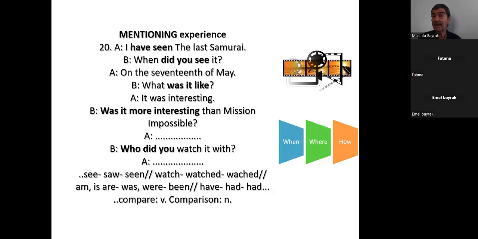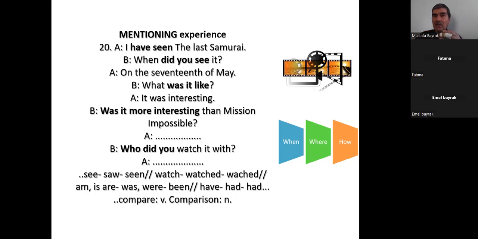Now mentioning experience. For example, dialogue 28. I have seen The Last Samurai. Now, as an experience, we use present perfect tense. But in general, I have seen, okay? I have seen The Last Samurai.